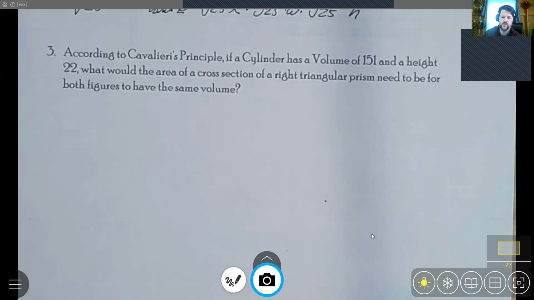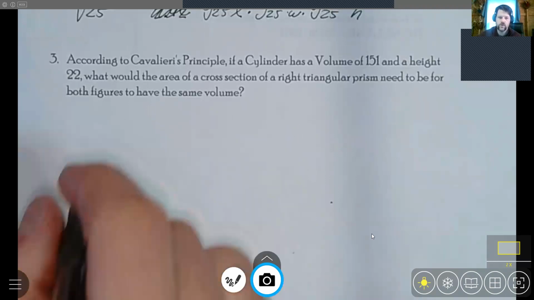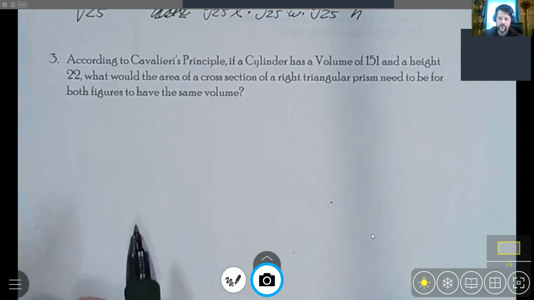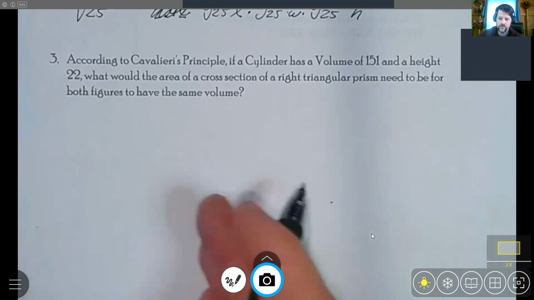According to Cavalieri's principle, if a cylinder has a volume of 151 and a height of 22, what would the area of a cross-section of a right triangular prism need to be for both figures to have the same volume? So for Cavalieri's principle to work, they have to have the same height. So our prism has a height of 22. The cylinder has a height of 22.